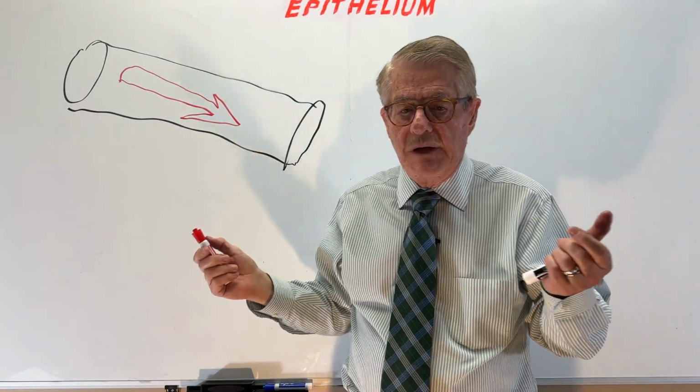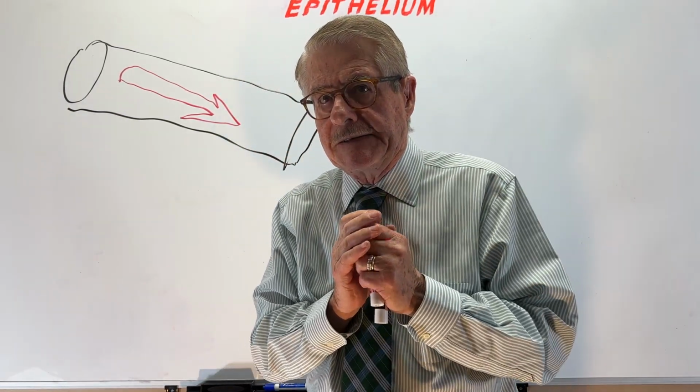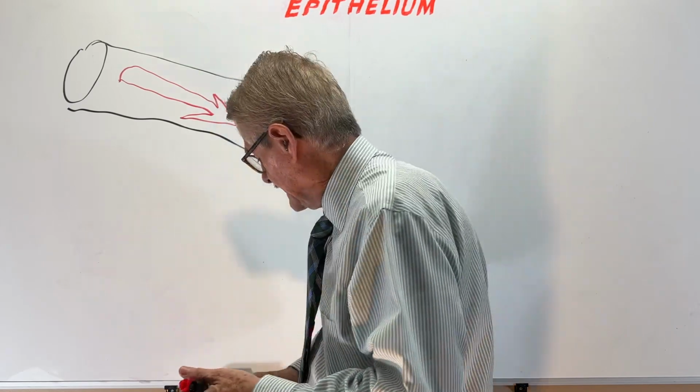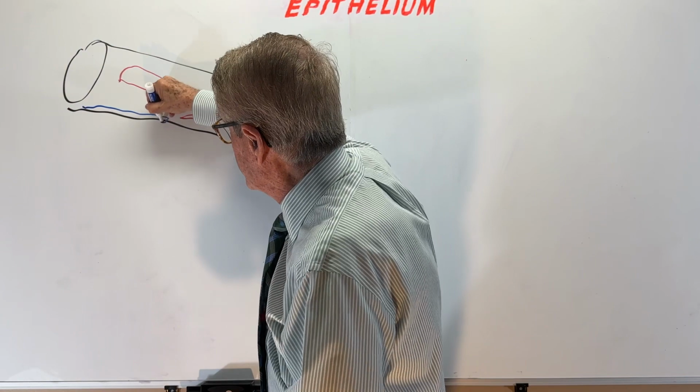Stratified squamous? Cuboidal? No. You want to have a very, very simple kind of epithelium, flattened, and let's make it like this. The endothelium is going to be like this.